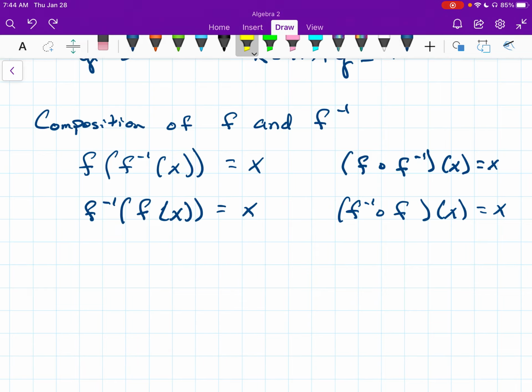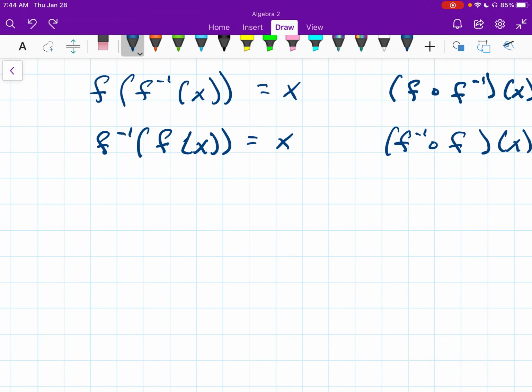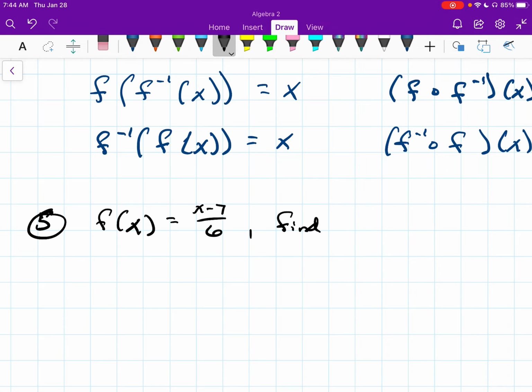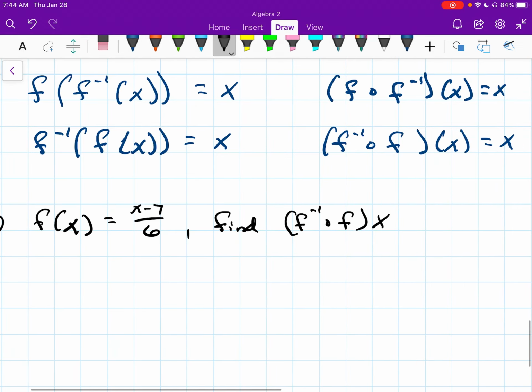So there will be some problems on the homework like this, like example number 5. What are we saying? We're saying our function is f of x is x minus 7 over 6. Find f inverse of f of, oops, I need parentheses here.